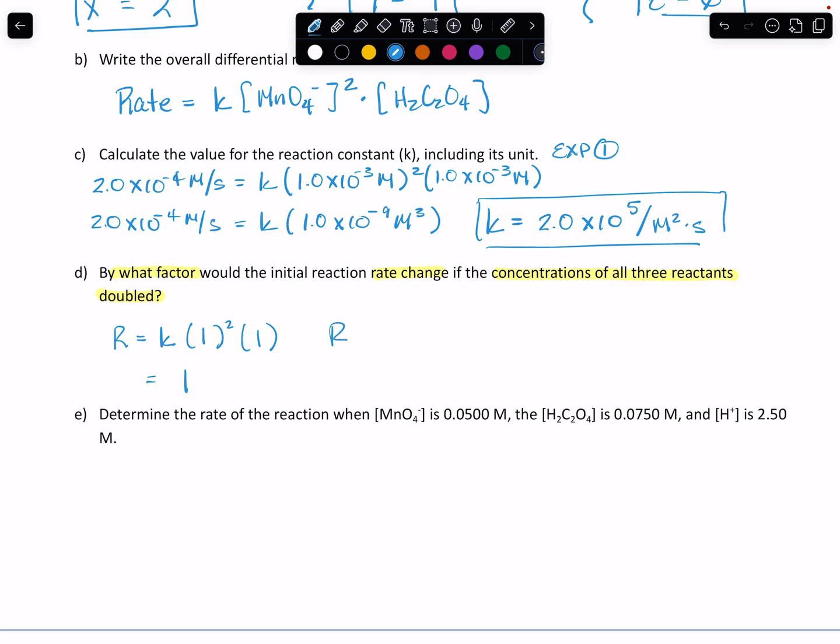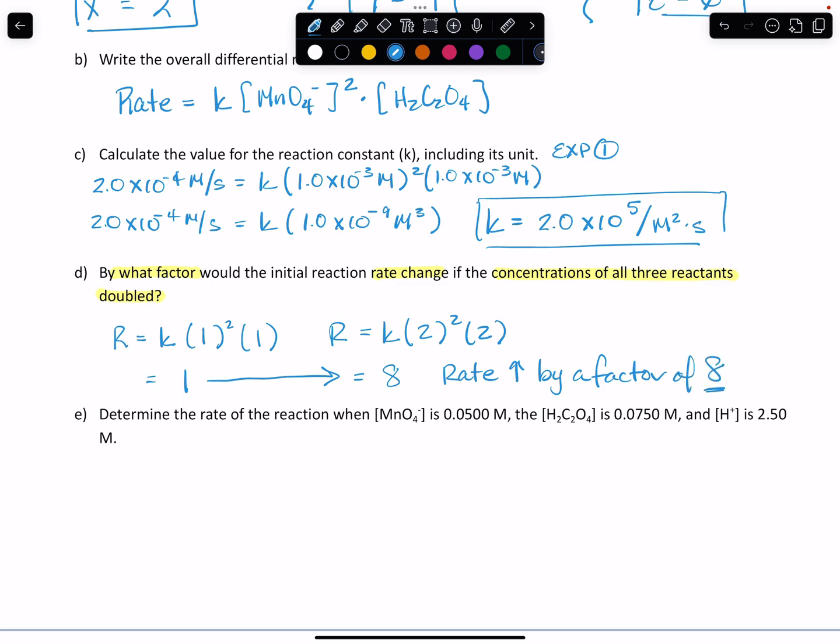All right, now let's double everything. So rate is equal to K times 2 squared times 2. All right, so 2 squared is 4 times 2. So this is going to be a rate value of 8. So you can see that the rate will increase by a factor of 8, which makes sense.